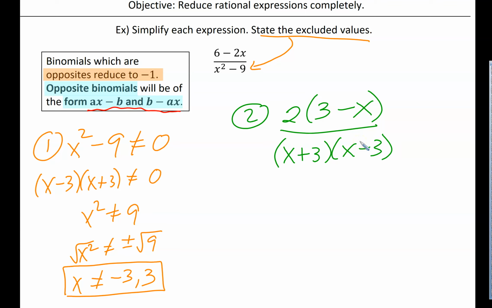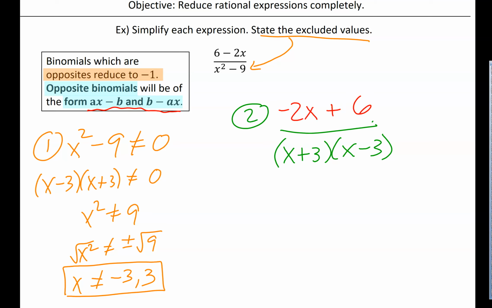You have another option. If you're thinking that you're going to have a hard time recognizing when you have opposite factors, then what I recommend is, notice how 6 minus 2x is not in standard form. If I put that into its standard form, then the first term is a negative 2x, and then I have a plus 6.